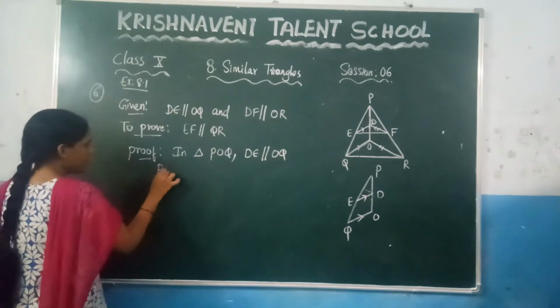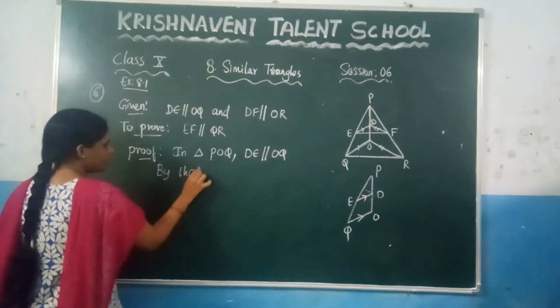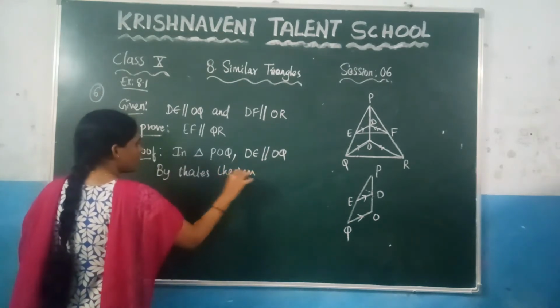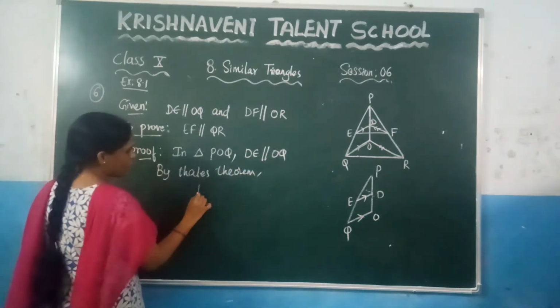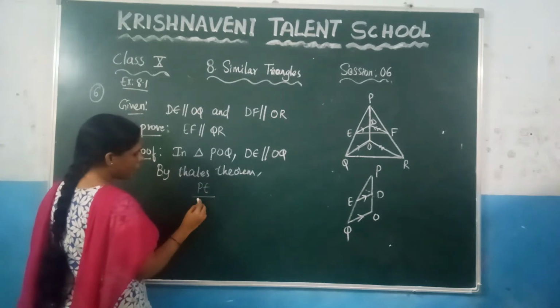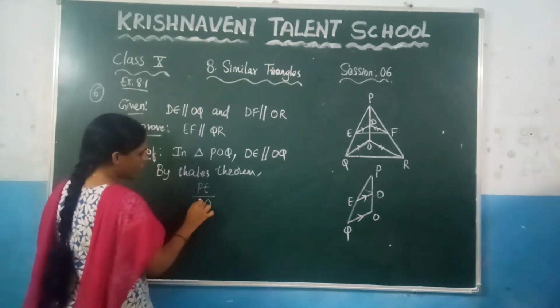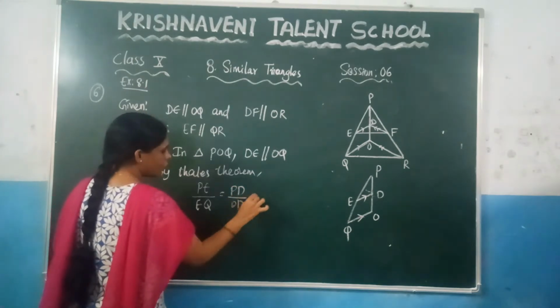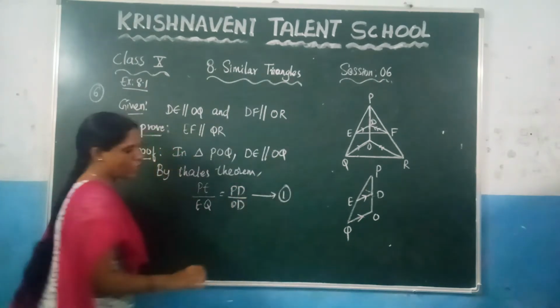So by the Thales theorem, the other two sides are divided into the same ratio, so you can write PE by EQ is equal to PD by OD. Let us consider this as equation 1.